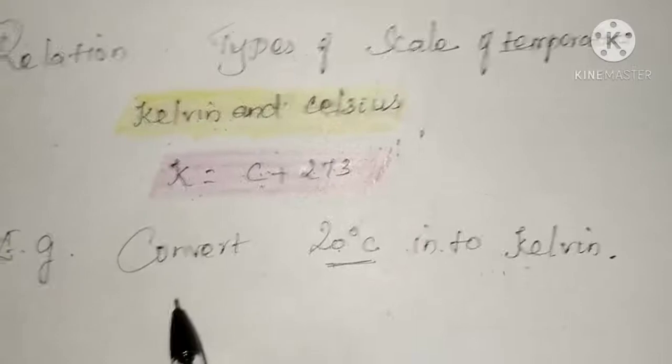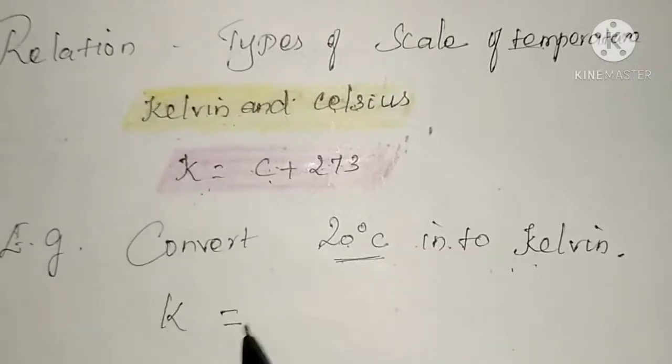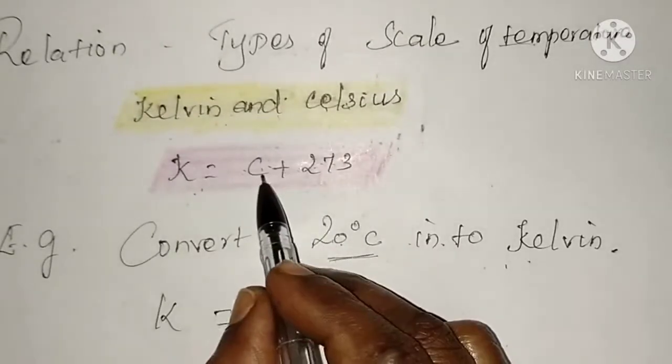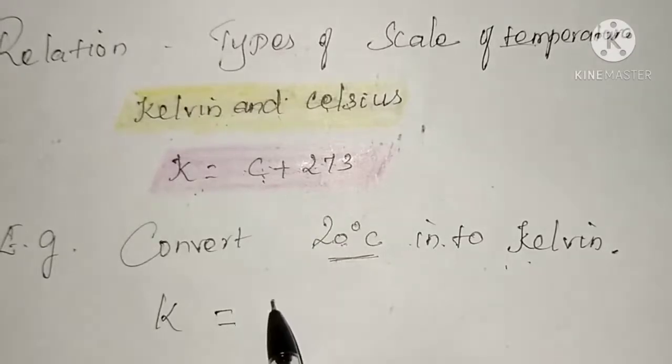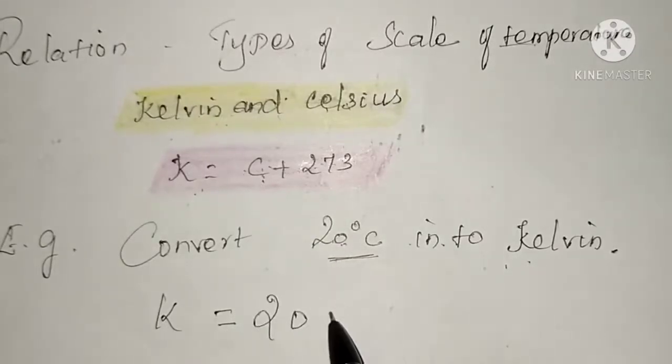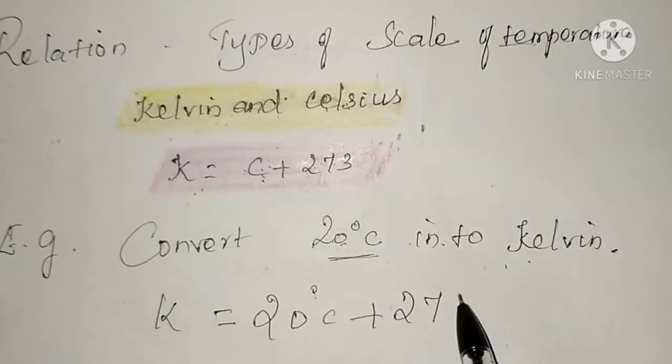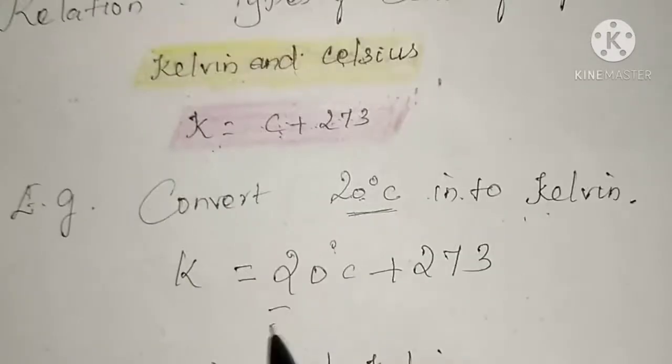How will you write? Kelvin scale is equal to, instead of C, what do you substitute? 20. So 20 plus 273. What is the answer?